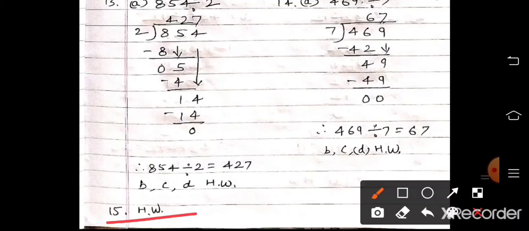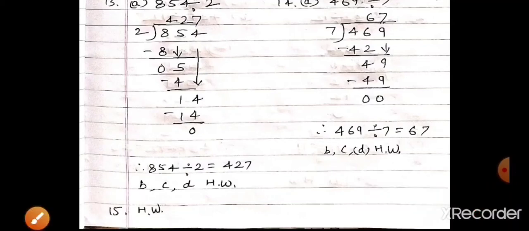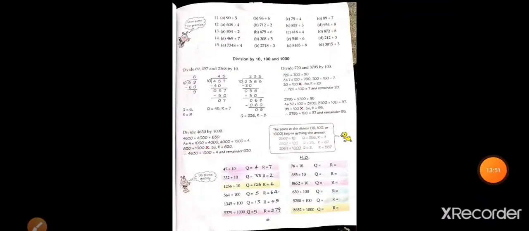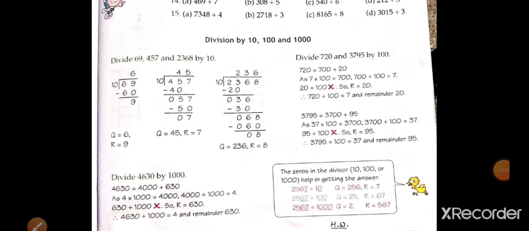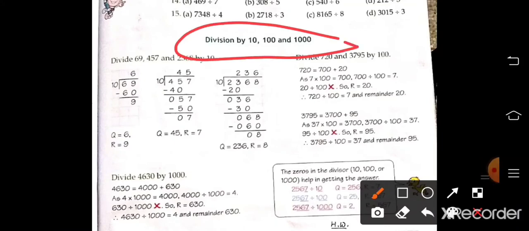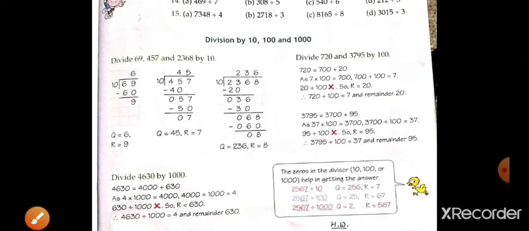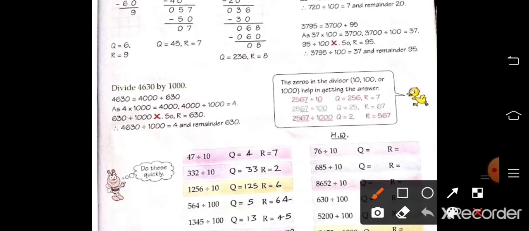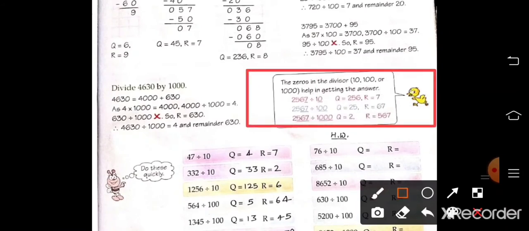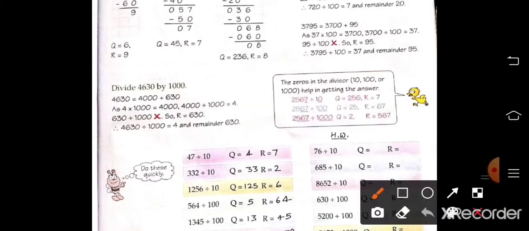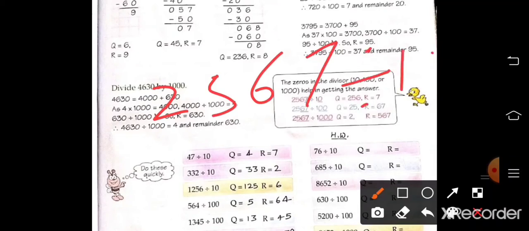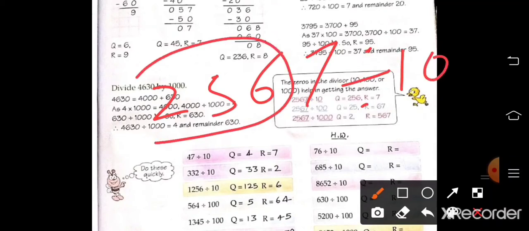Okay, now the next, at page number 89, division by 10, 100 and 1000. Okay, so the 0 in the divisor 10, 100 or 1000 helps in getting the answer. Means 2567. If we divide by 10, the quotient will be 256 and the remainder will be 7 because here is one 0.